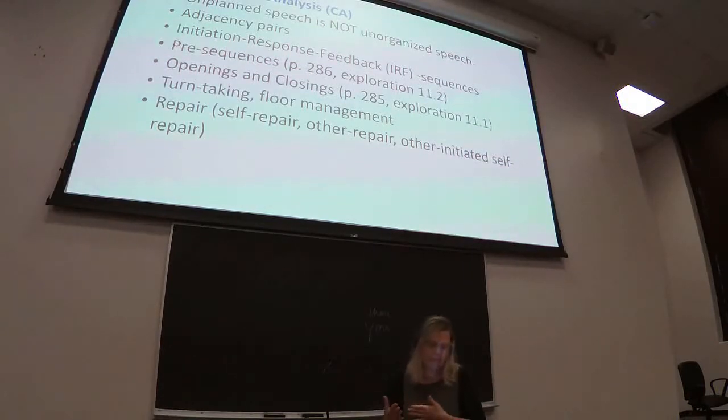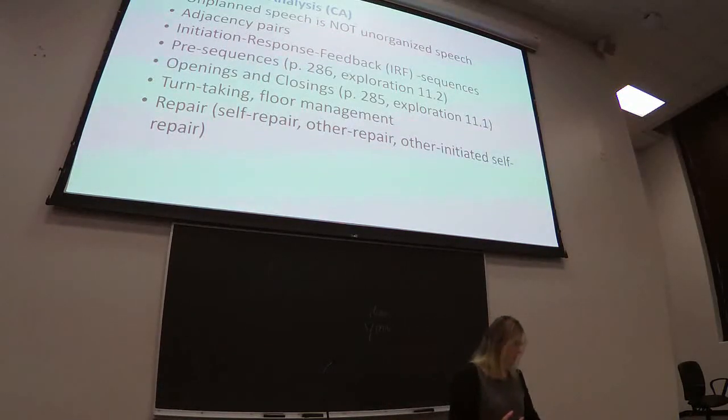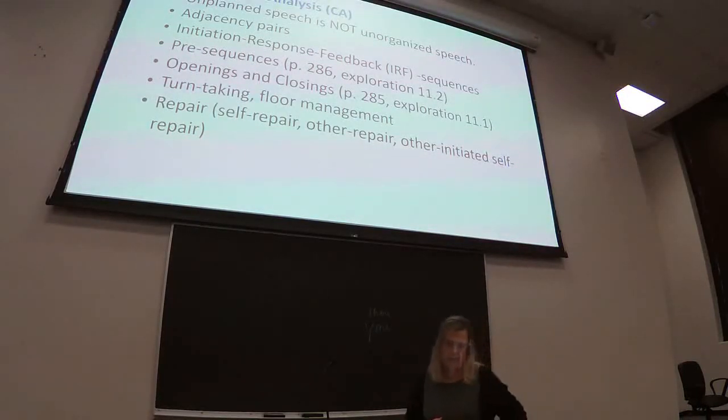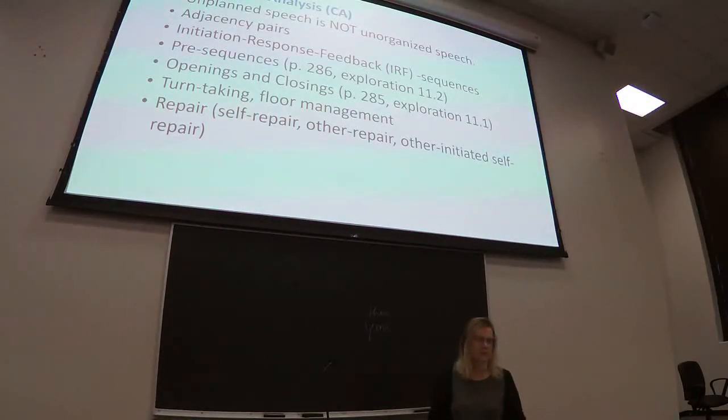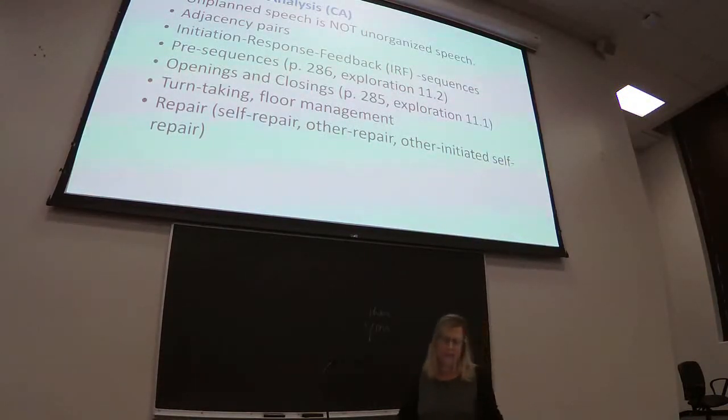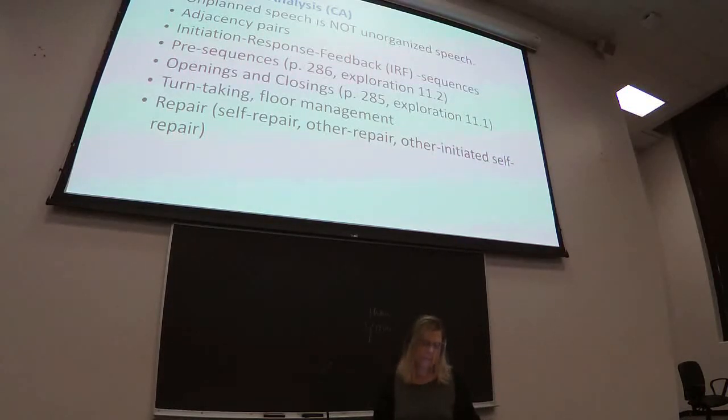But anyway, so these are pre-sequences. We have openings and we have closings in certain conversational interactions. And that means that if an opening is missing, if a closing is missing, it's kind of weird. A lot of attention has been paid to telephone conversations, and we'll be looking at some telephone conversations as an example. It's really interesting. This shows that there are these rules.